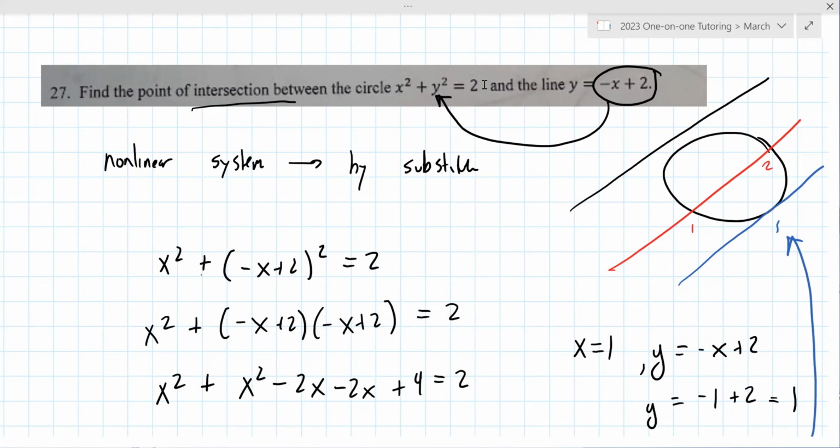Y equals 1. So we know x and we know y, and both x and y are 1. And that's it. You don't have to graph it. You just have to find the point of intersection, 1, 1.